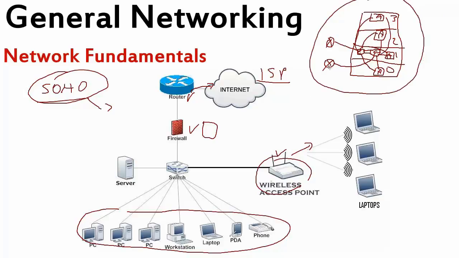Do you agree with me that in a design like that, you will not find a single point of failure? The idea of a single point of failure is that if a single device or a single cable fails, the whole network goes down. That's not the case here. Let's say this is ISP1 and this is ISP2.